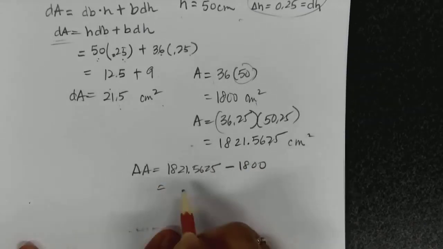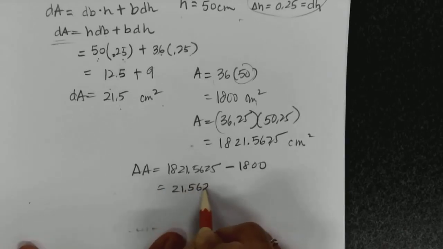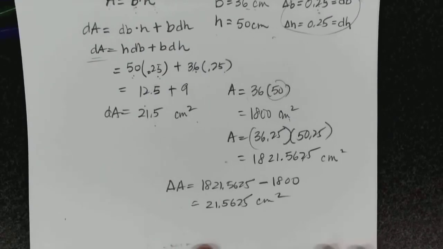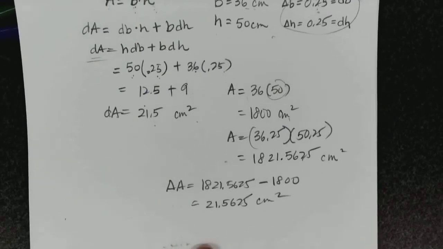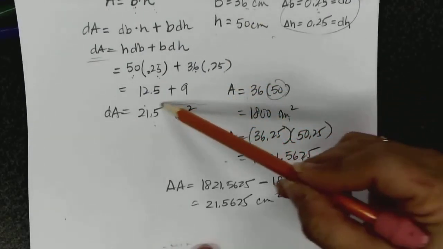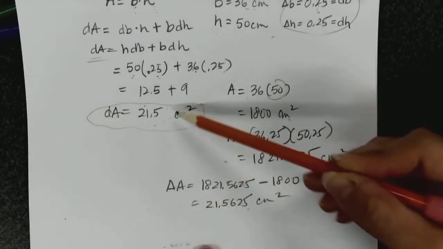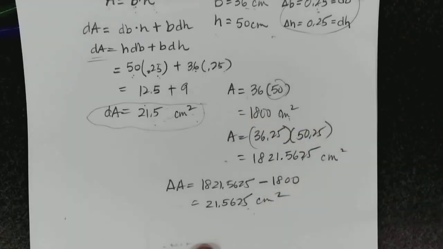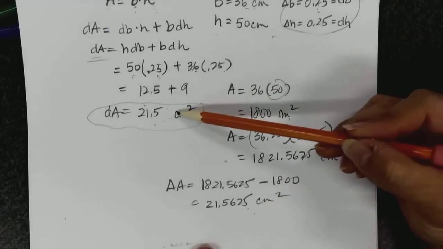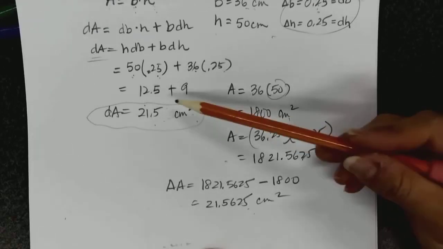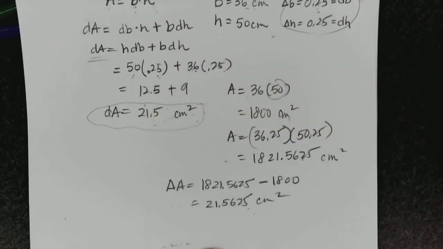Where the difference is 21.5625 centimeters squared, right? So using the differential, dA, see, pretty fairly close estimate, isn't it? That's how you estimate the error, by taking the differential.